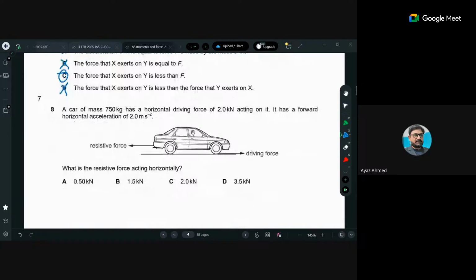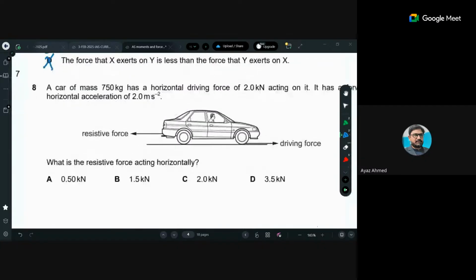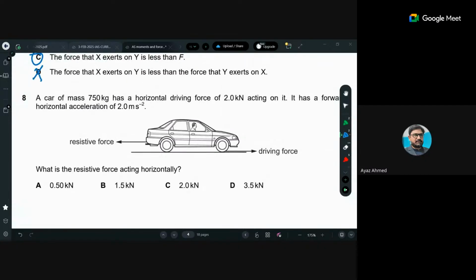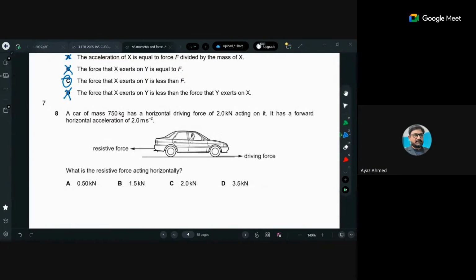Okay. Then the next one is that a car of mass 750 kg has the horizontal driving force 2 kilonewton acting on it. The forward horizontal acceleration is 2 meter per second square. What is the resistive force acting on the car? For that purpose, I told you that F driving minus F resistive is equal to ma.